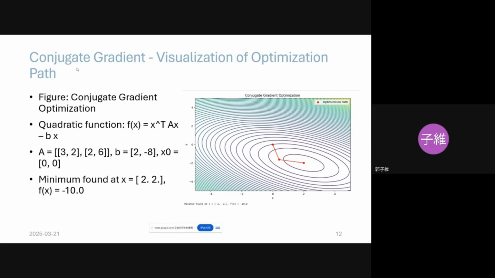X squared is not the right way to address a quadratic function in the context of matrices. You need to denote it as x transpose Ax minus bx. We need to optimize it, and here are the matrix A and the b.